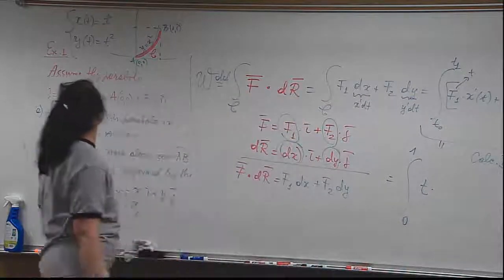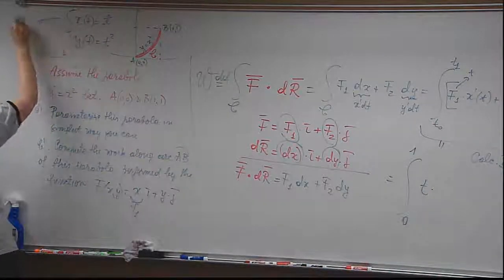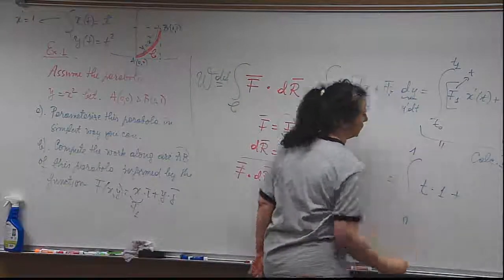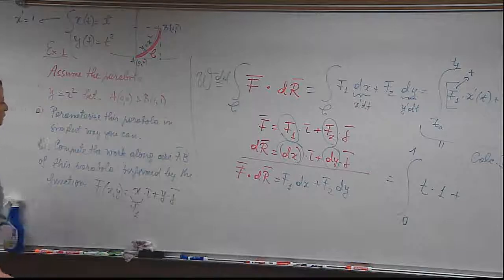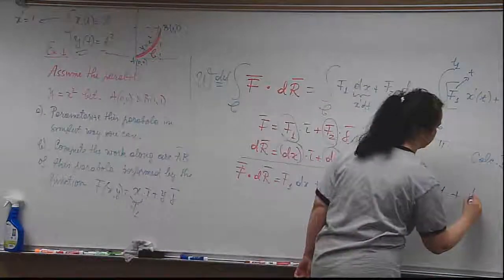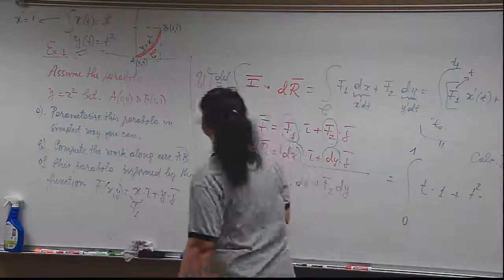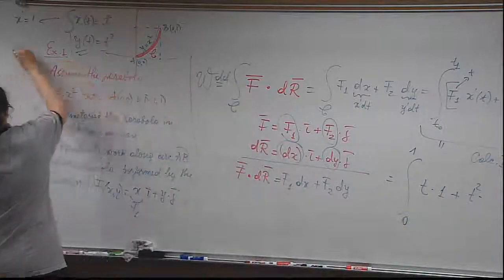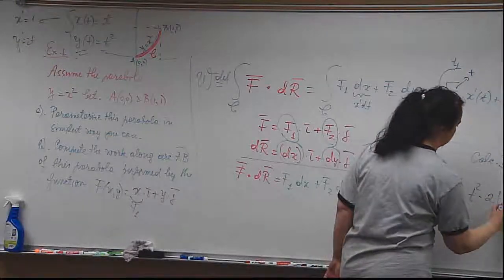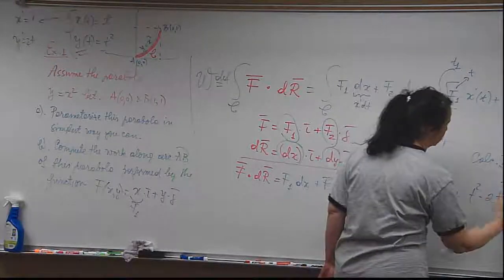Who is x prime of t? 1, thank God, that is easy, times 1 plus f2. Who is f2? T squared. I'll have to write it down. Times, who is y prime of t? 2t. Y prime is 2t. So I write it down, 2t, dt.